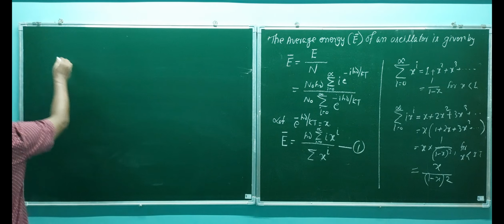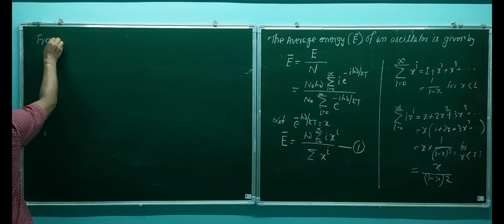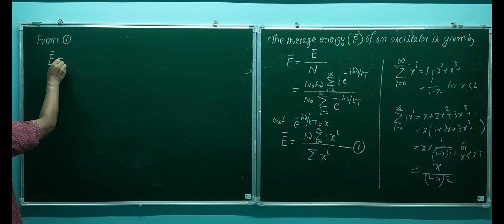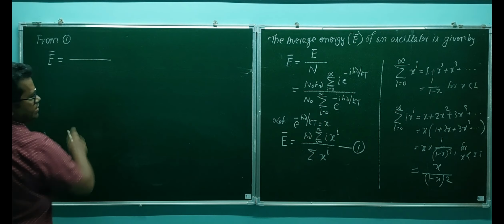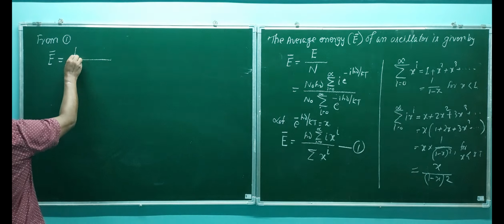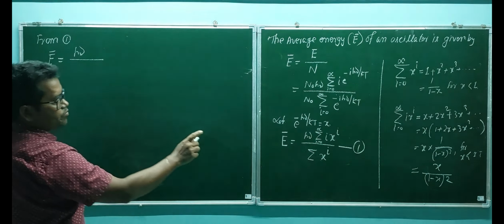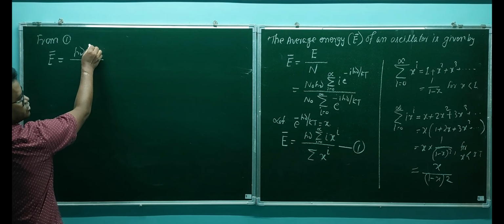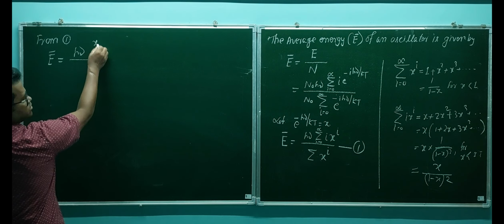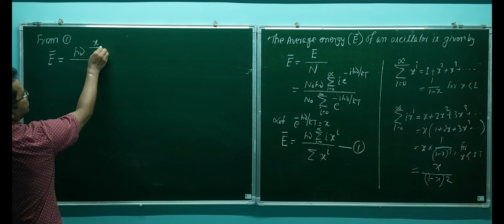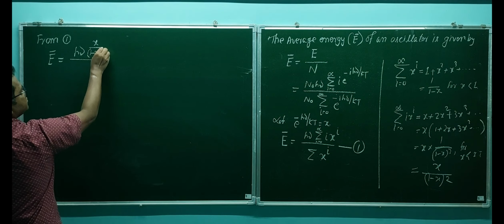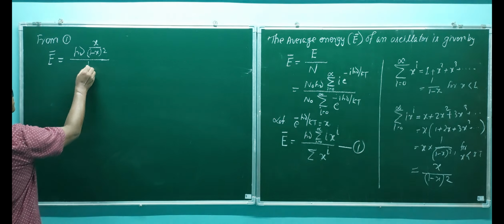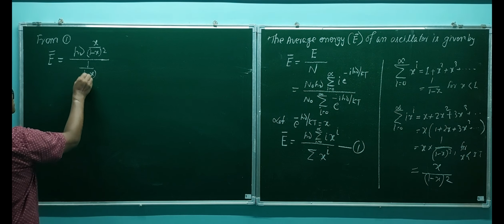So from 1, E bar equal to, we can put directly, h nu into x by 1 minus x all square, and below 1 by 1 minus x.